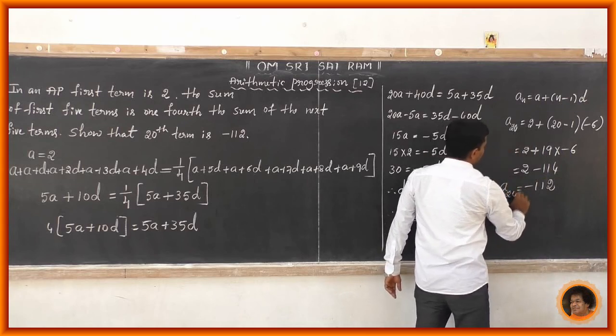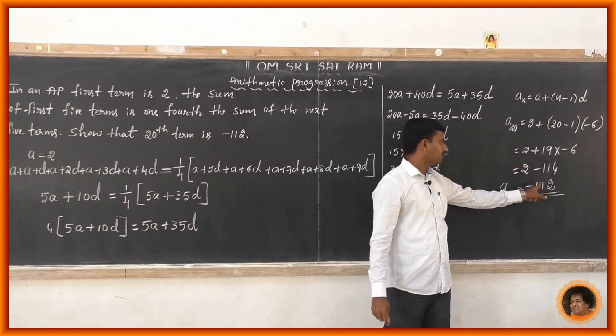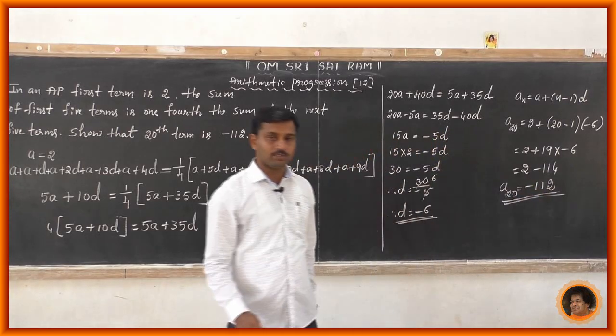So this is the 20th term. So the 20th term is minus 112. So I think you understood the problem.